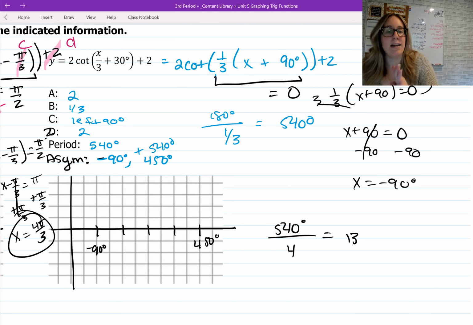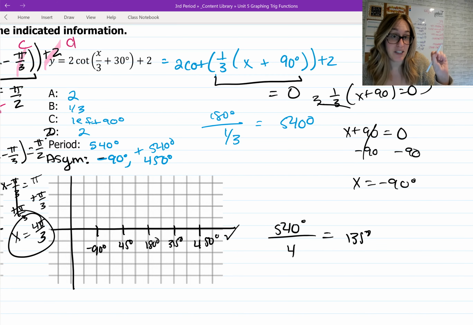I start at -90 and add 135 each time to get to my next point. -90 plus 135 is 45, plus 135 is 180, plus 135 is 315. Just to double check, I do it one more time to make sure I end up at 450, and I do. So I have done my increments correctly on my graph.